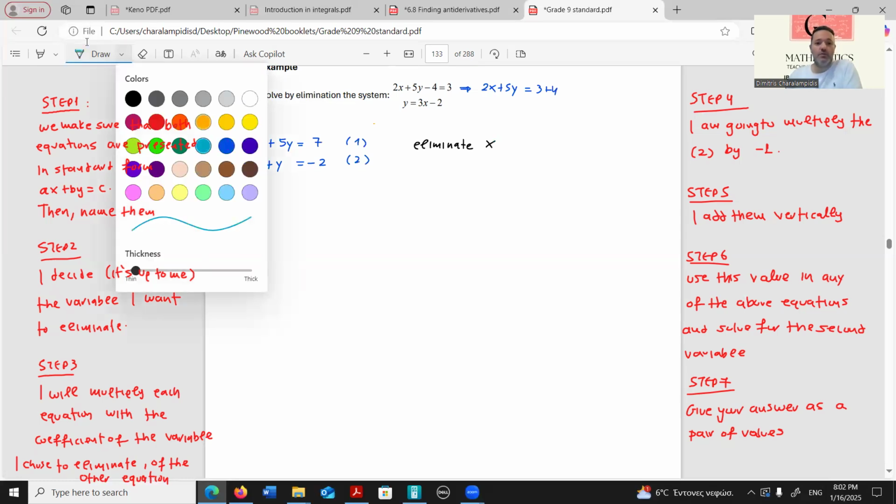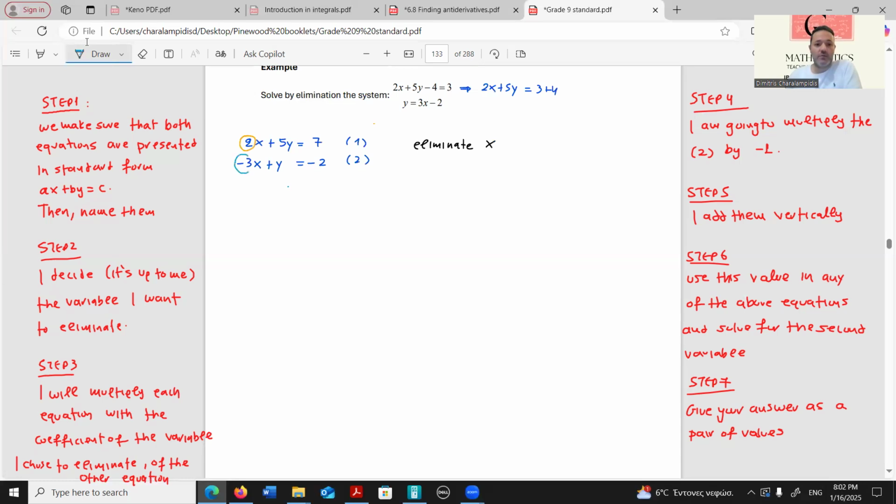This one is 2, and that one is -3. This means that I should now multiply the first one by -3 and the second one by 2. Multiplication means horizontal. I should take 2x multiplied by -3, so -6x, 5y multiplied by -3, so -15y, 7 multiplied by -3, -21.